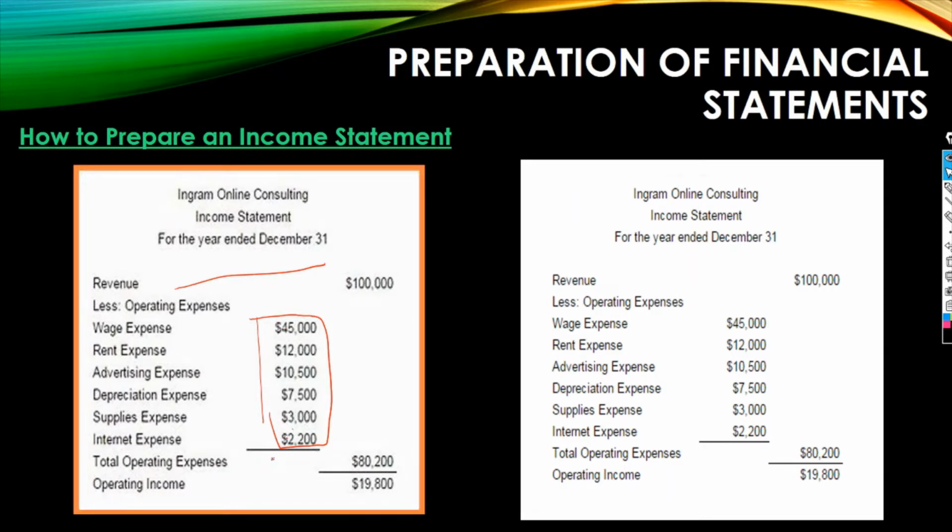So you have total operating expenses here, and then you deduct the total operating expenses from the revenue. So we have an operating income here. Okay. So that's it.